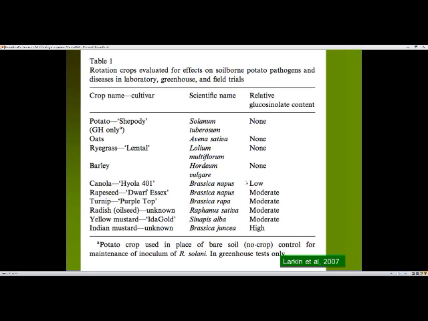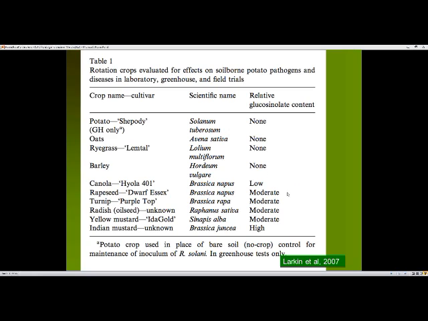And one of the emphases here was on mustard family cover crops, in part because of the idea that these have glucosinolates in their tissues which are toxic to plant pathogens when the cover crop is flailed and incorporated into the soil.